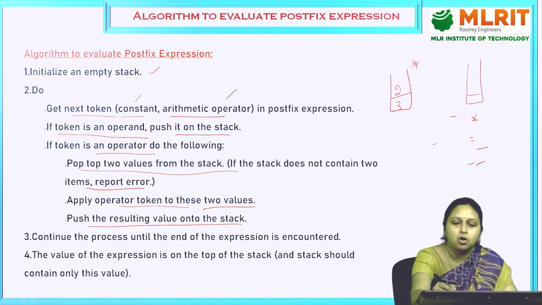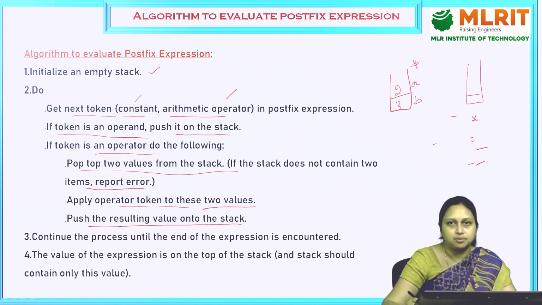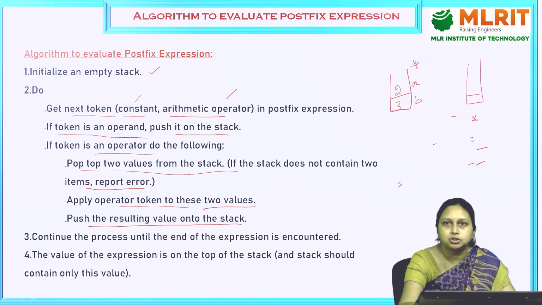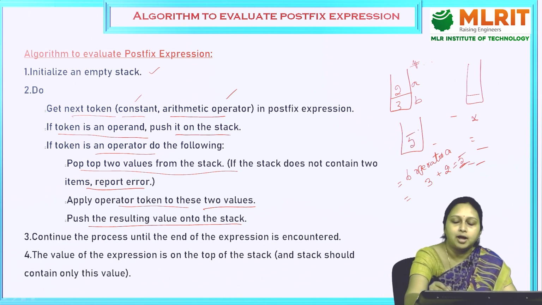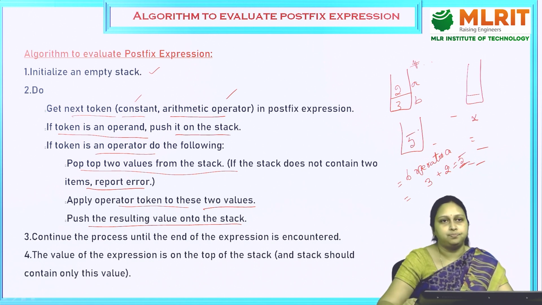Now the element on the top is called A, and below that is B. Now the way to evaluate the expression is, observe, B operator A. In this way you need to calculate. The top element is 2, the operator is plus, and B is 3. That means you are going to have 5. This is the resultant value. After popping from the stack, the result, 5, is pushed into the stack.